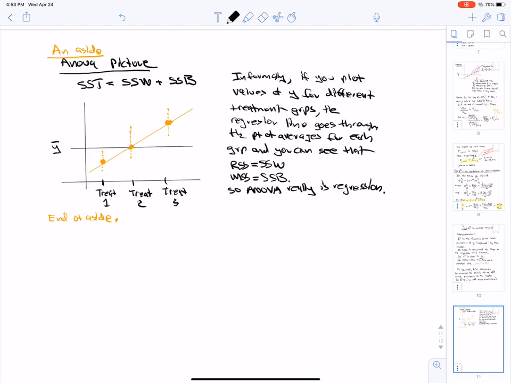I finally just ended with a note that you can think of ANOVA as a special case of regression if you make your x's the treatments. So x is supposed to be a continuous random variable, but if you just say, okay, I'm going to think of it as discrete, I have treatment 1, treatment 2, treatment 3, and then I have different y's for these treatments.